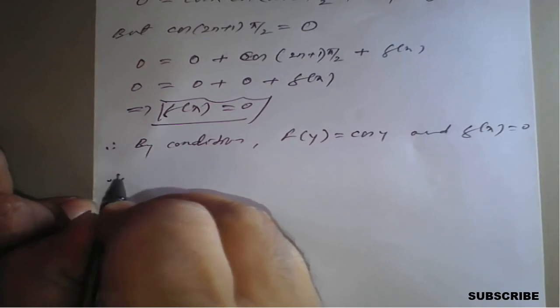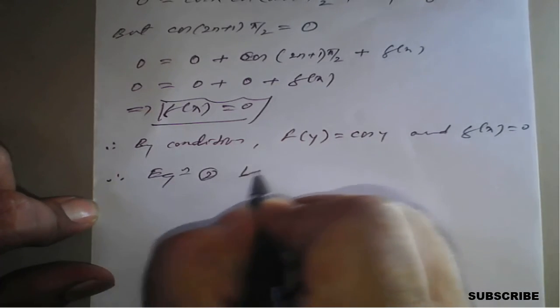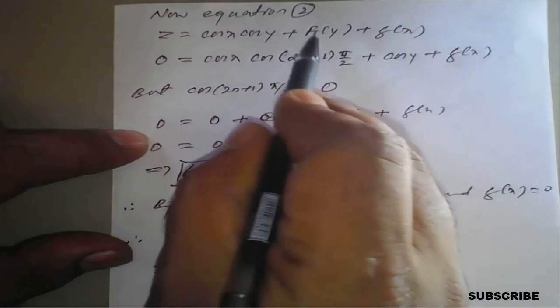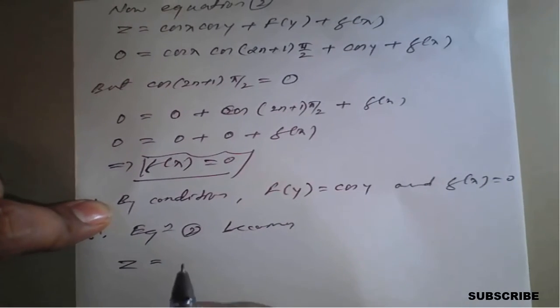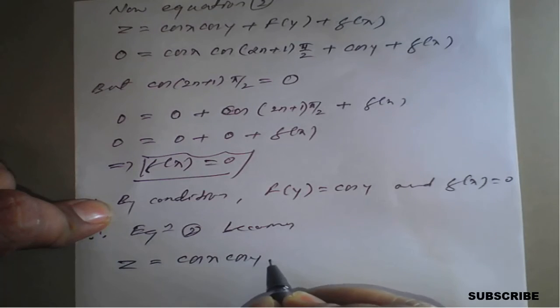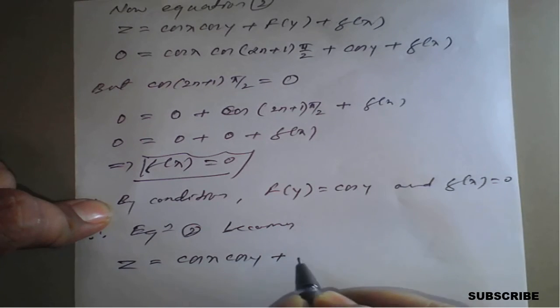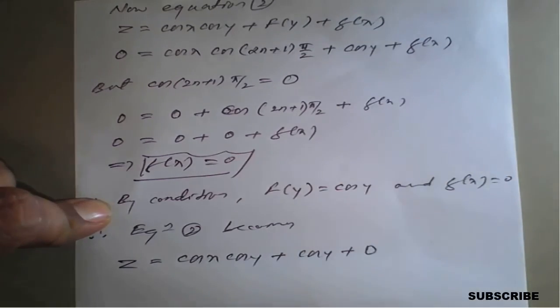So with this condition equation 2 becomes, because we want the z value, z is equal to cos x cos y plus capital F of y, whose answer is cos y, and g of x is 0.